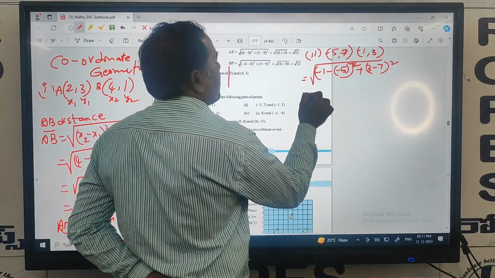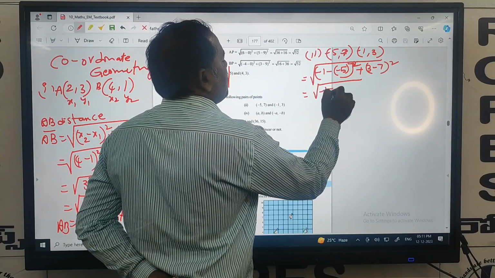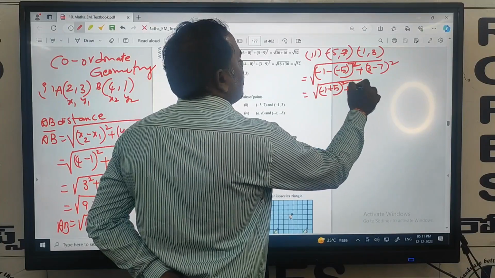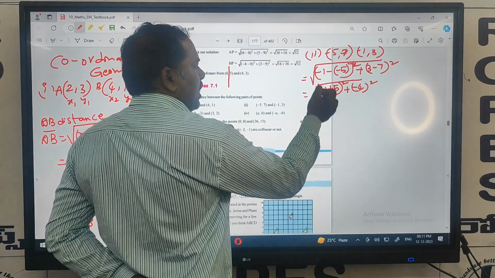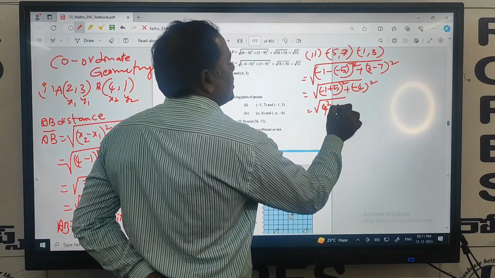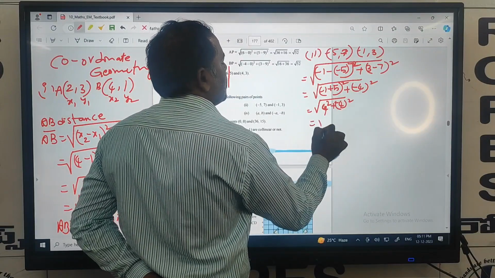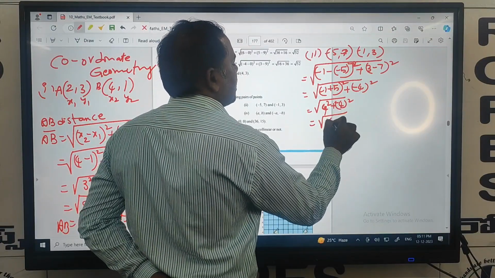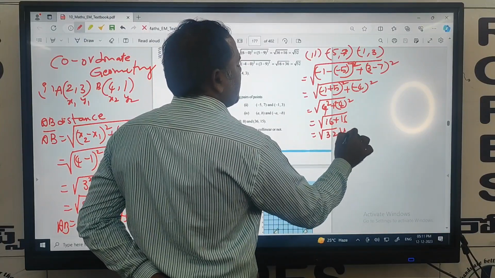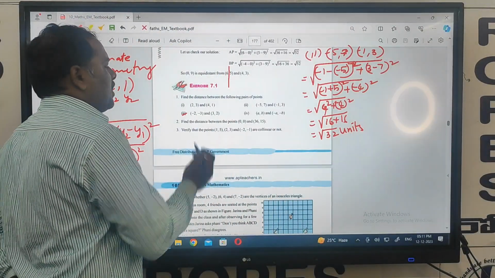That is root of (minus 1 plus 5) whole square plus (minus 4) whole square. 5 minus 1 is 4, 4 square is 16, and minus 4 square is also 16. That equals root 32 units. Similarly, we can find the third one also.